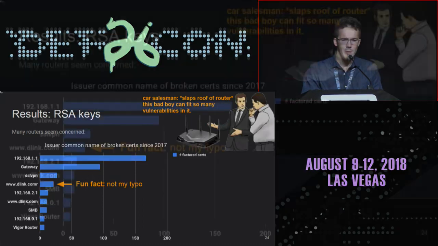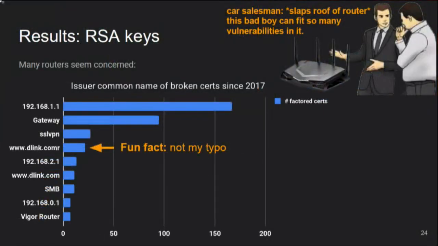Routers, they have bad randomness, we say. Well, they still do. A lot of routers we've seen since 2017 have common factors. Some of them even have broken comments in their certificates.